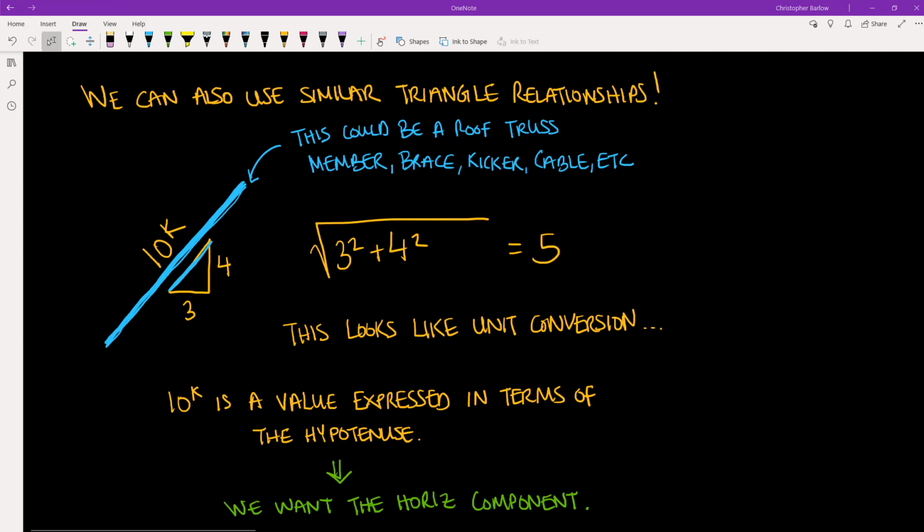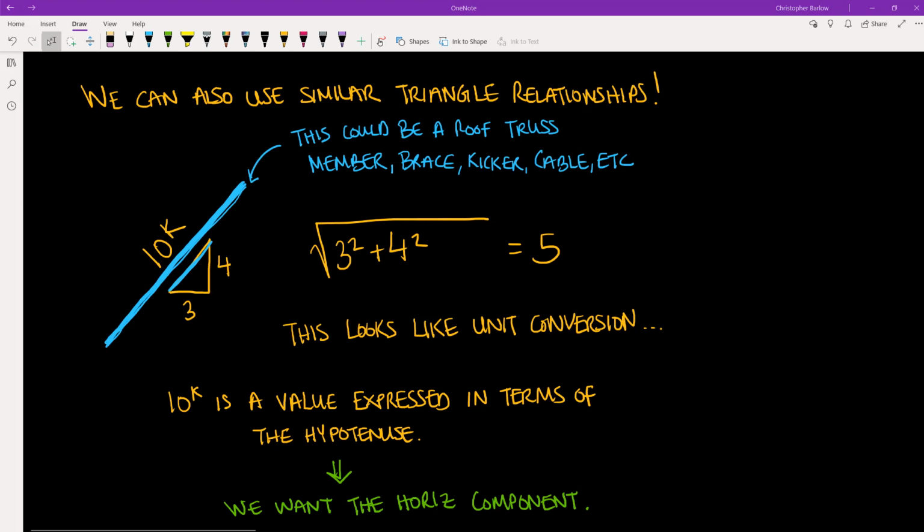Because everything is based on given ratios, the process of solving force components with similar triangles is actually similar to unit conversions. We know that the ratio of the vertical to the horizontal component is 4 over 3, and we currently have the magnitude along the hypotenuse. Therefore, we need to start by solving for the hypotenuse of our similar triangle in order to establish a relationship between the given vector and the horizontal and vertical components.